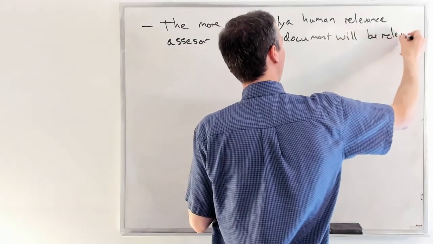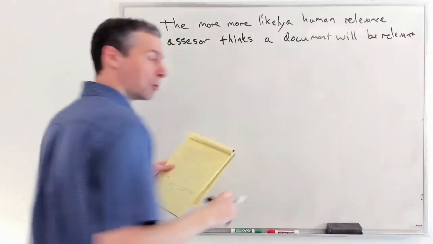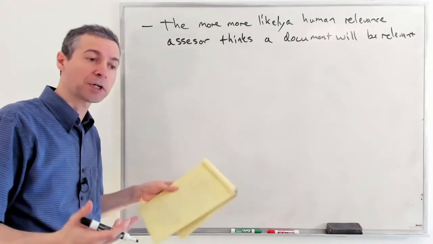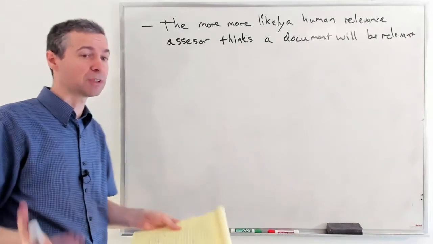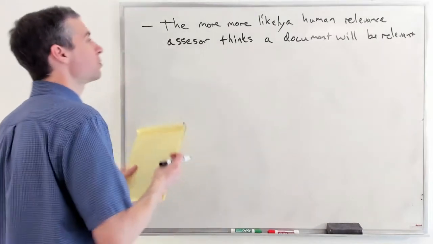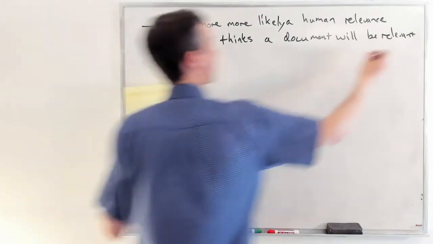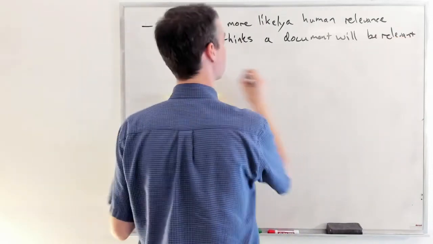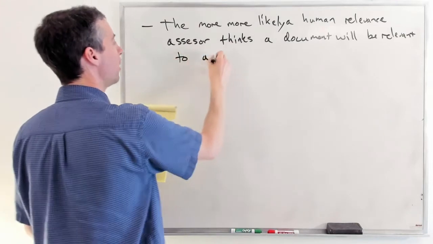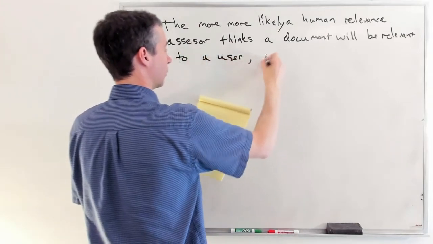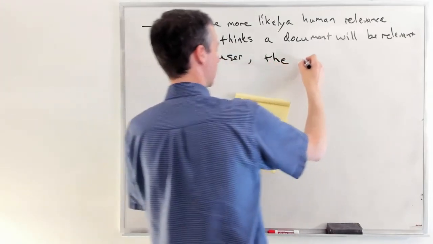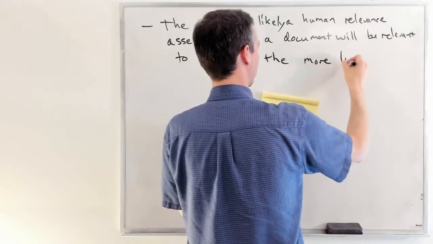In other words, we don't really know what you're looking for, but based upon your query, we think that this might be a really good document for you, so we think it will be relevant to you. To a user, what we do find is it is more likely that people will click on it.